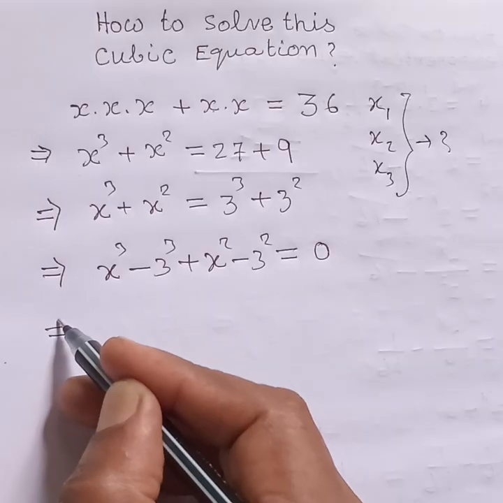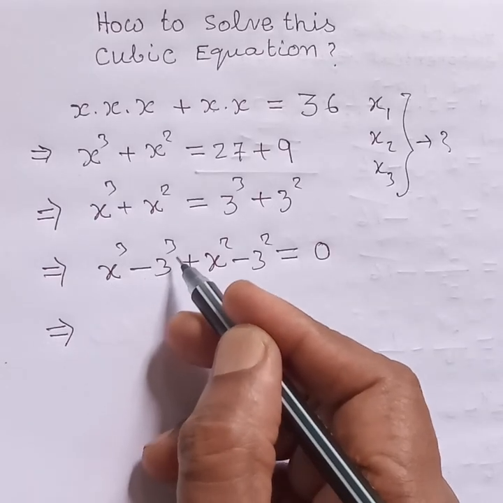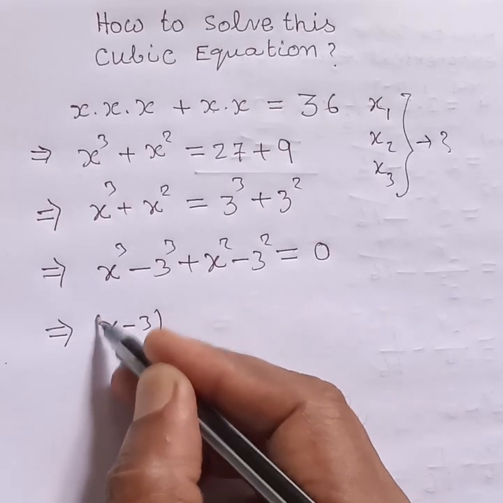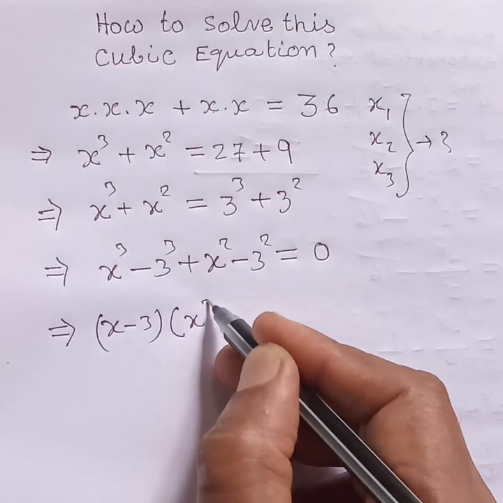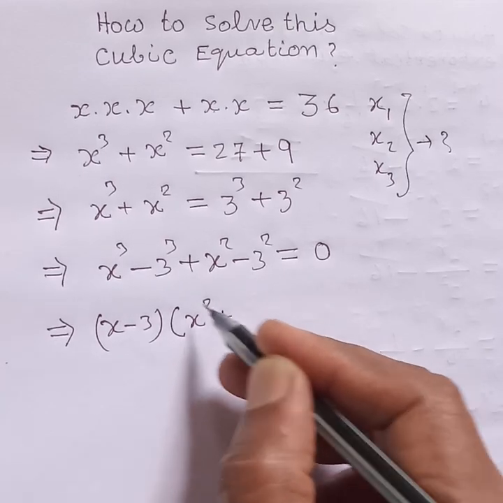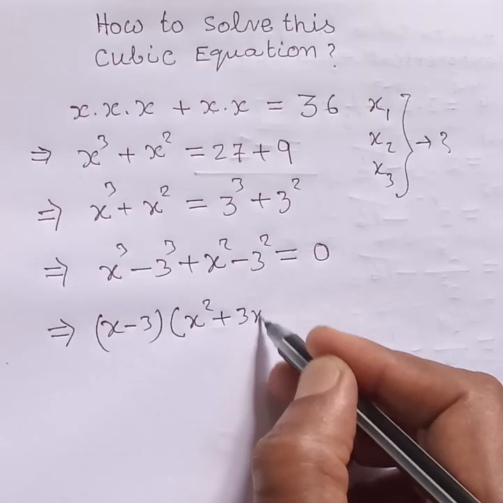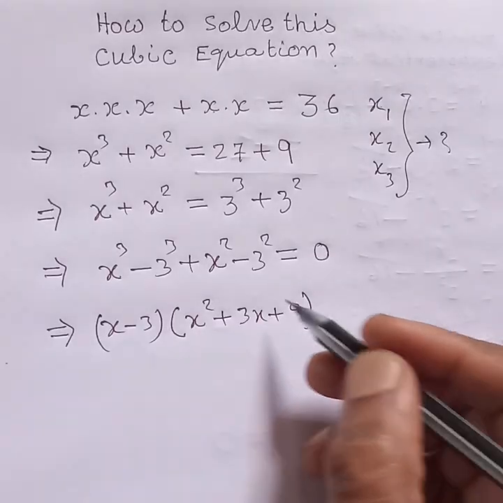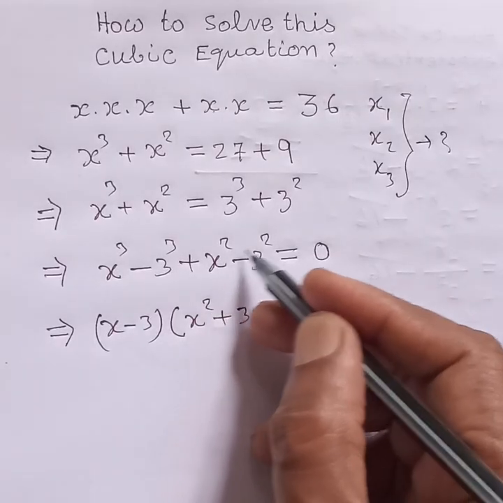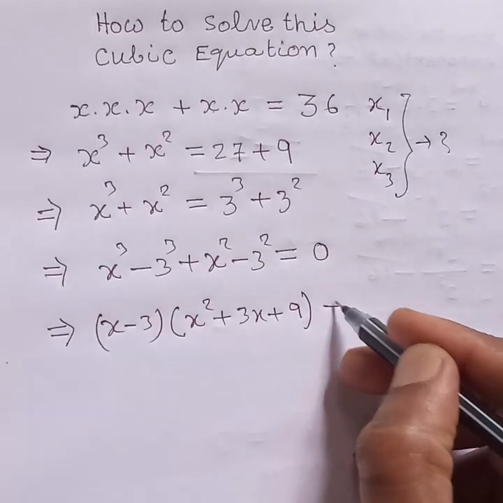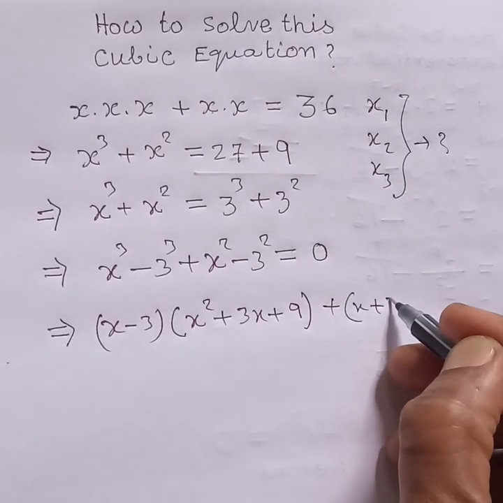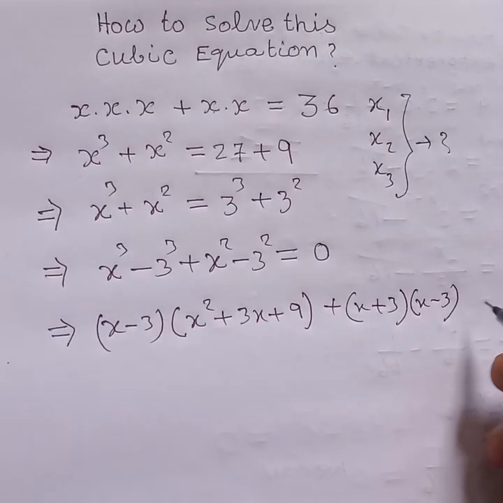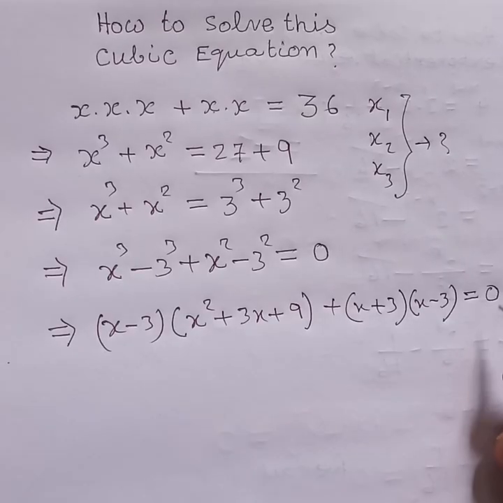Now, according to formula, x cube minus 3 cube will be x minus 3 into x square plus x into 3, that is 3x, plus 3 square, that is 9. And according to formula, this will be plus x plus 3 into x minus 3. Right hand side is equal to 0.